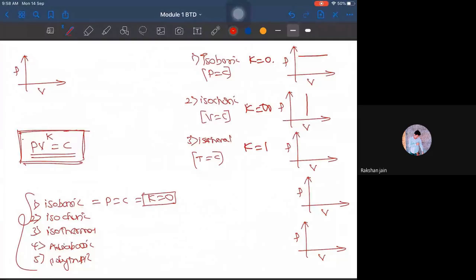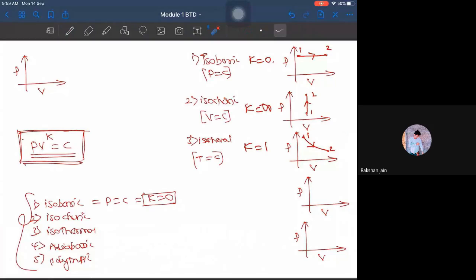The representation of it on a PV diagram is a curved line like this. We have to specify the states, state 1 and state 2, and it is going in this way. So on the PV diagram, the isothermal process is a curved line.